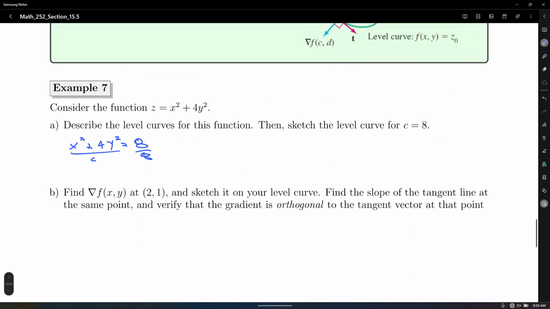Divide by 8. That means x squared over 8 plus y squared over 2 equals 1.